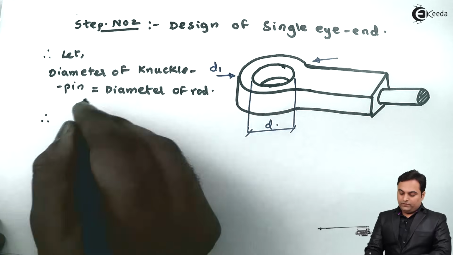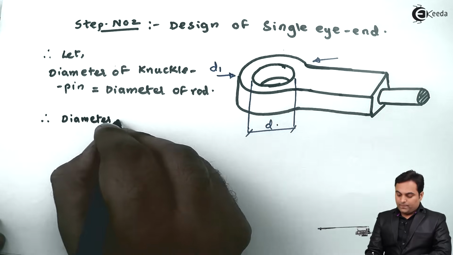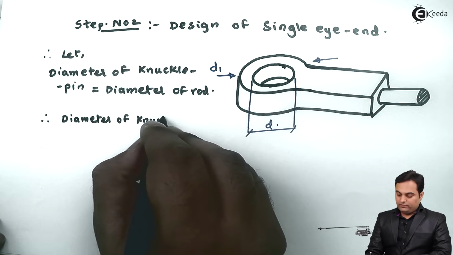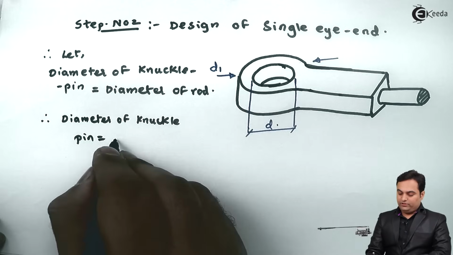So therefore the diameter of knuckle pin will be equal to the diameter of rod, and the diameter of rod is d.